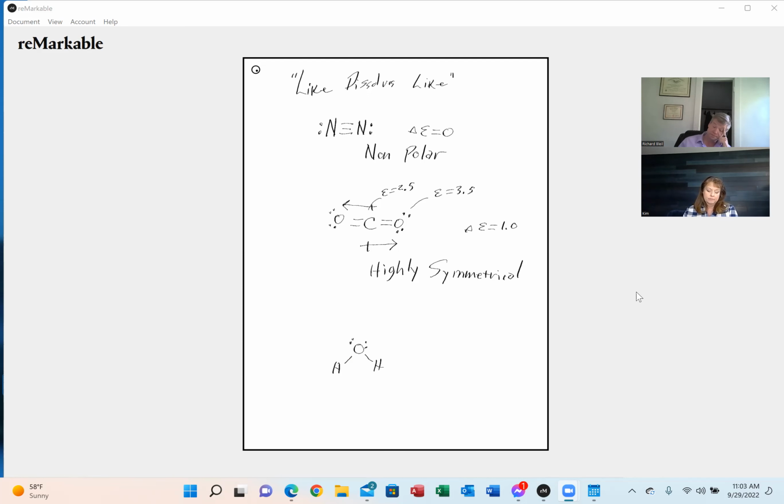Let's look at water. Water, hydrogen is 2.1. Oxygen, as we said, is 3.5. So the difference in electronegativity, there it is, 1.4.